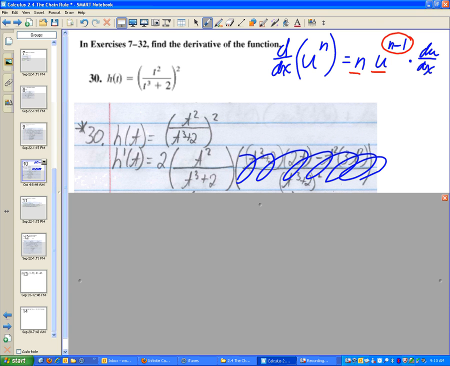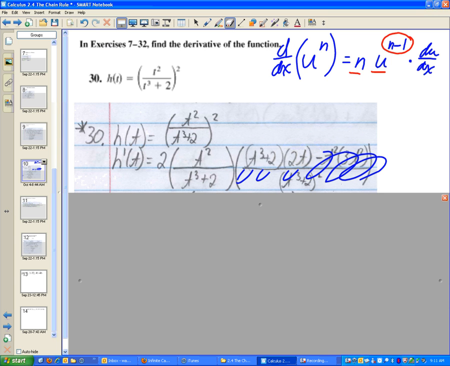Well, t squared over t cubed plus 2 is a quotient. So to take the derivative of u, I have to use the quotient rule. We'll talk about that in just a second. All right, so the bottom, t cubed plus 2, times the derivative of the top.